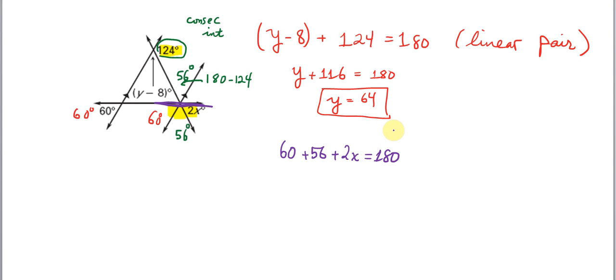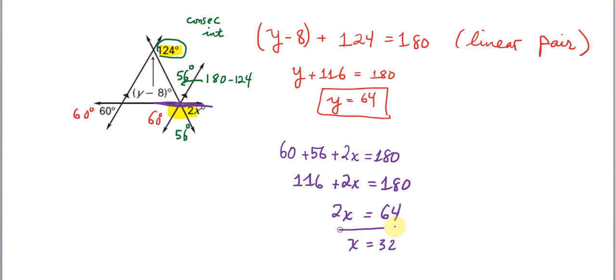Let me simplify all of my work. 60 and 56 gives me 116. I can subtract 116 from both sides. So 2x is equal to 64. And then x is equal to 32. And there you have it.